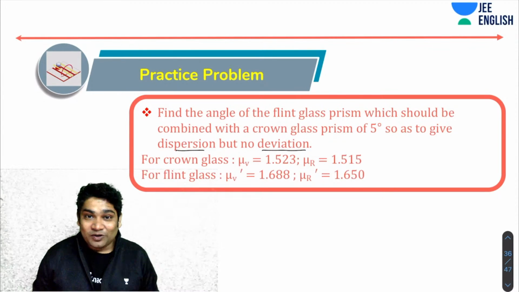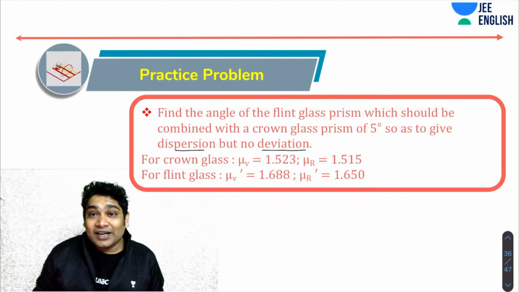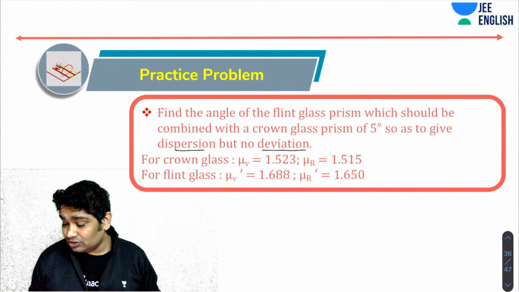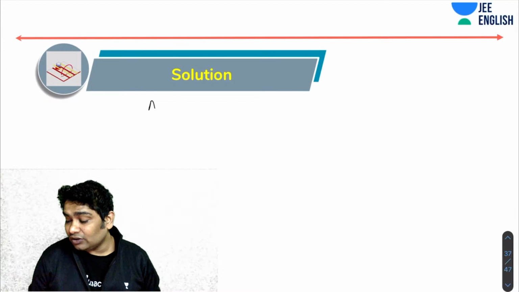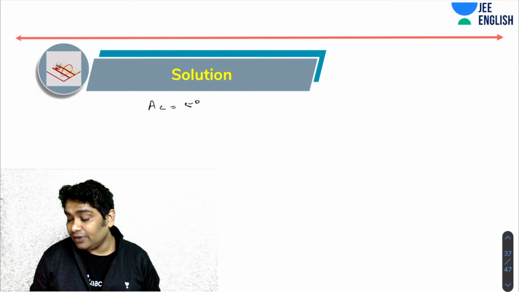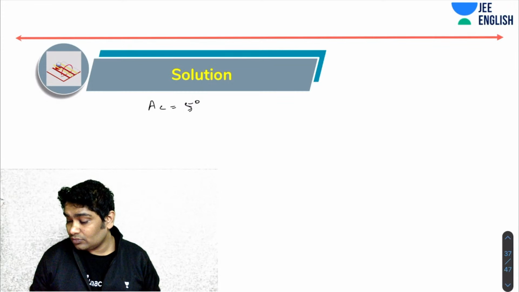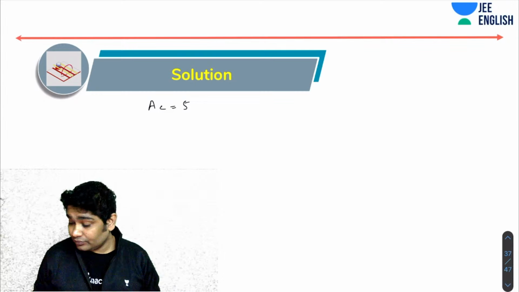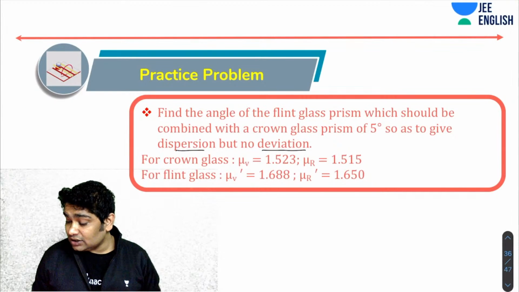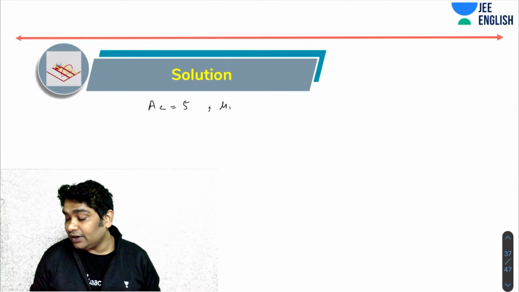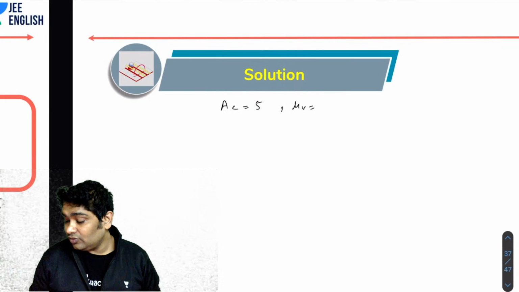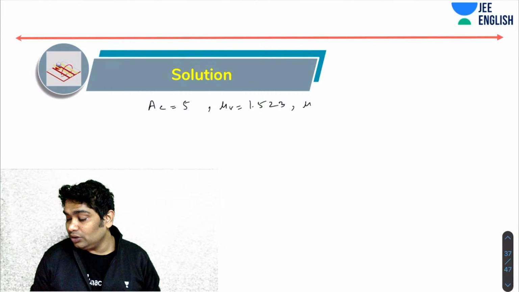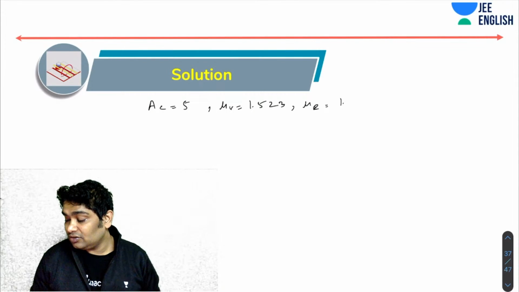So from here, why don't I go ahead and solve this? You were given information about the crown glass. So A of crown glass is 5 degrees. Now the mu for crown glass, mu violet is 1.523, the red is 1.515, if I'm not wrong.